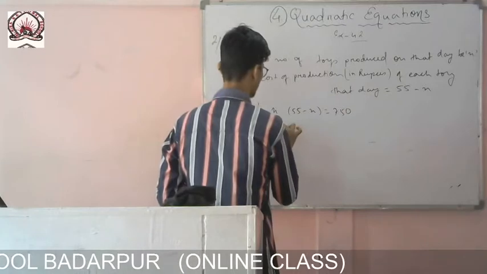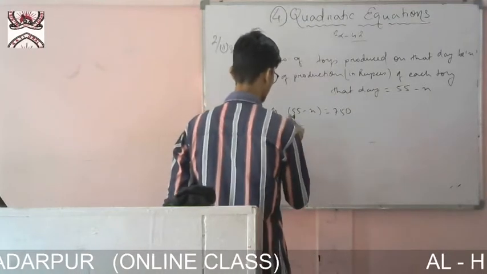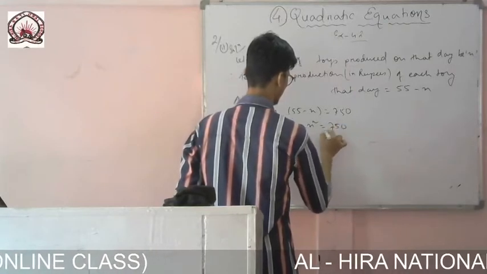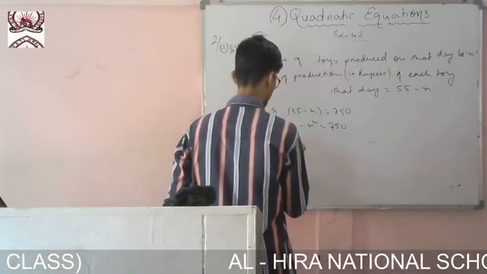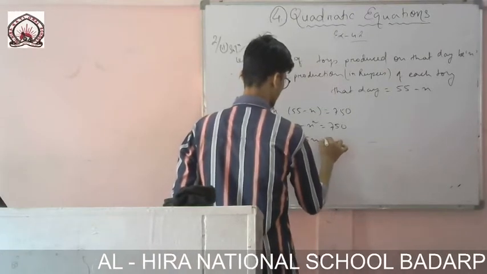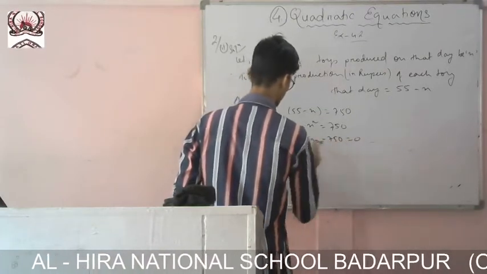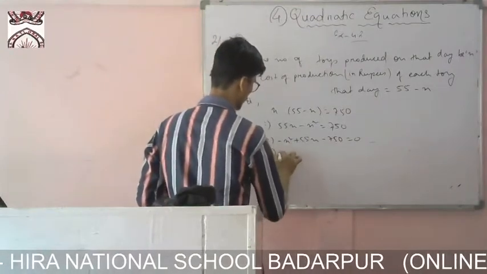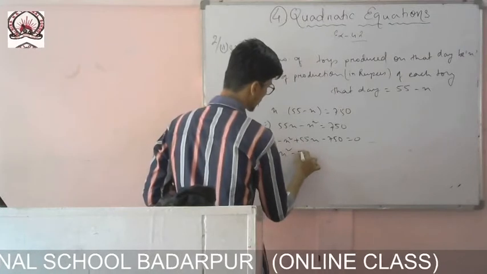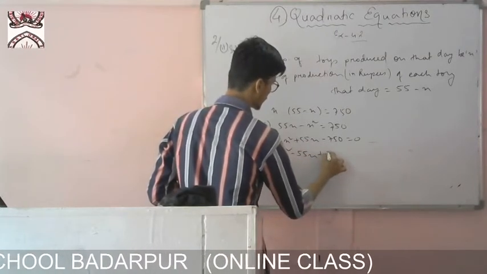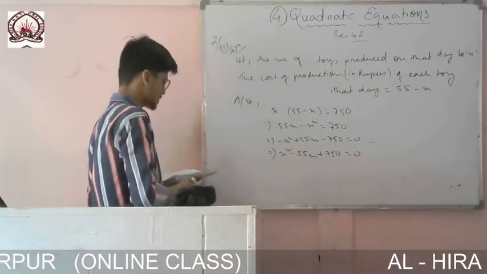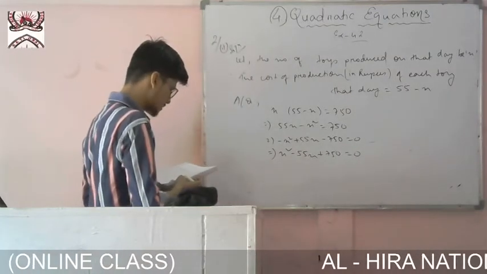If I write the equation, it will be 55x minus x square equals 750. Arranging in order, minus x square plus 55x minus 750 equals 0. We cannot keep the leading term negative, so I make it positive: x square minus 55x plus 750 equals 0.